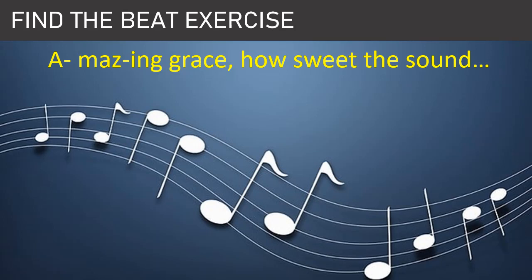Okay, now this is the beat. The first one, that A is 1, May is 3, 1, N is 1, Grace is 3, How is 1, Sweet is 3, There is 1, and Sound is 3. So if you got that, you have done a very good job. I love this.